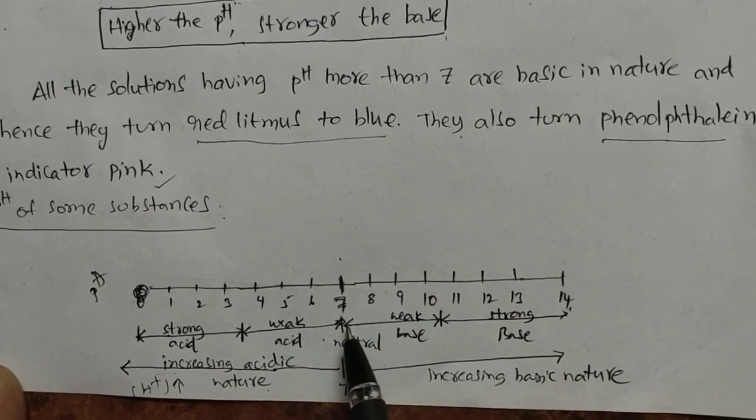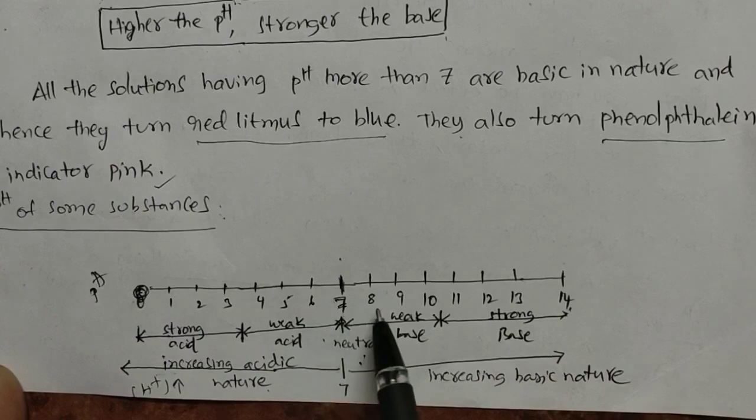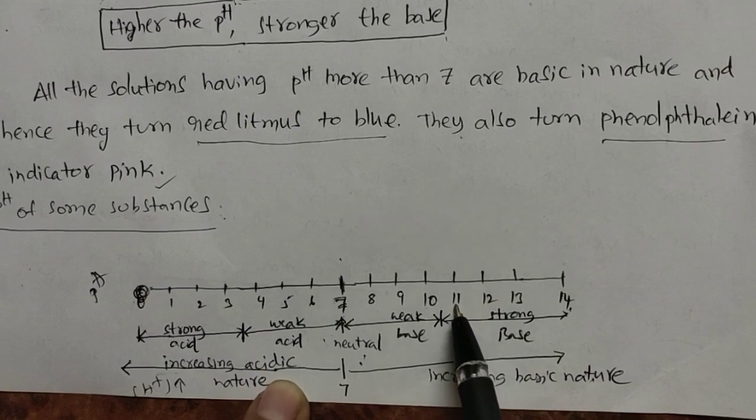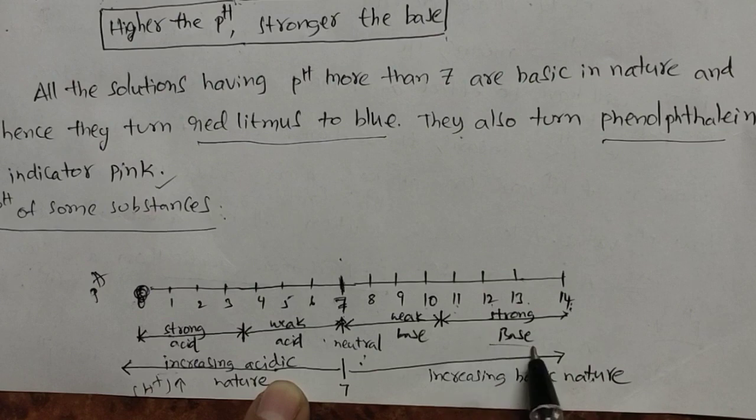Similarly, if we move to the right-hand side of 7, from 7 to 8, 9, 10, 11 and so on, the basic nature increases. Solutions having pH 11, 12, 13, 14 are strong bases, and solutions having pH between 7 to 10 are weak bases. So if we move in the right-hand direction from pH 7, you are on the basic side.